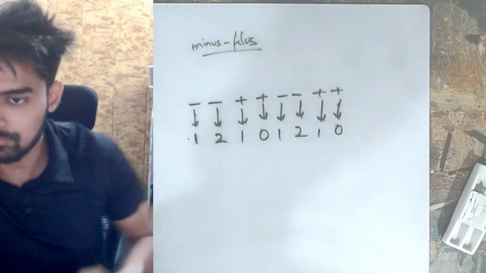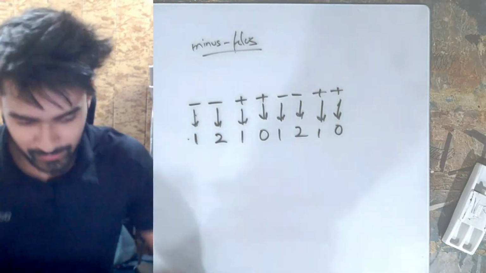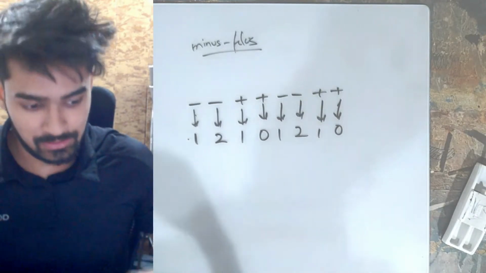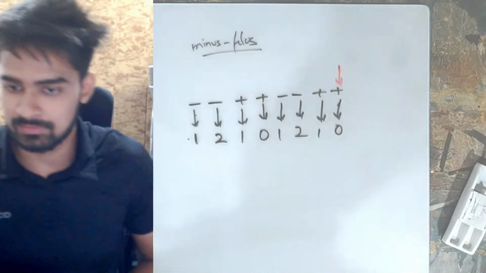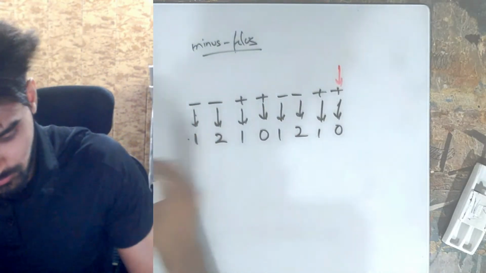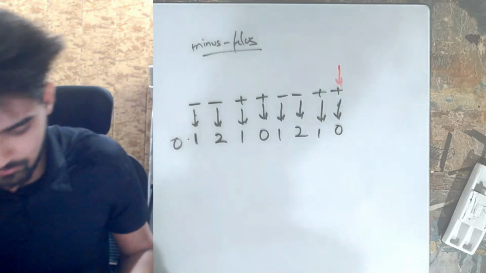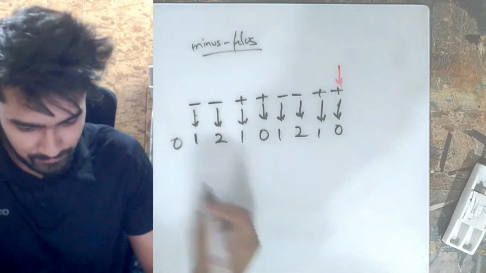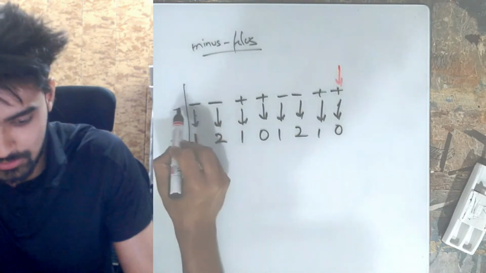Okay. Now let's try to find out how many substrings, subarrays, can we take including this plus? We need to have a 0 here also for one-based indexing, because before this array there are no minuses and no pluses.